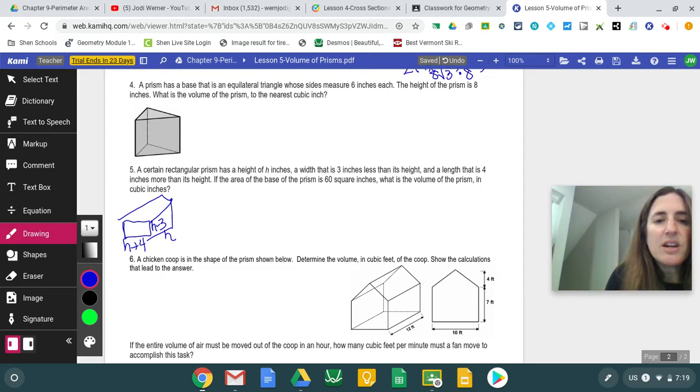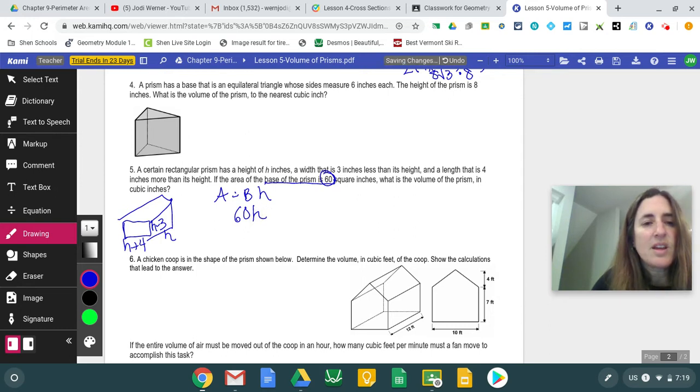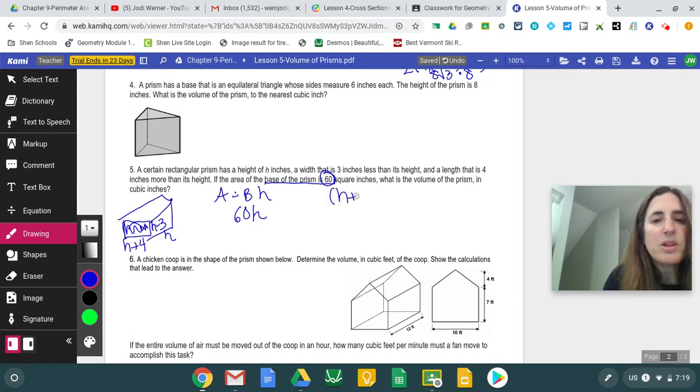I do know the area of the base is 60 square inches. Remember, volume is big B times h. So I actually know the big B is 60, and I need to find what h is. Well, big B is actually the area of this base that's here. So if I take the h plus 4 and times it by h minus 3, it should give me that 60.